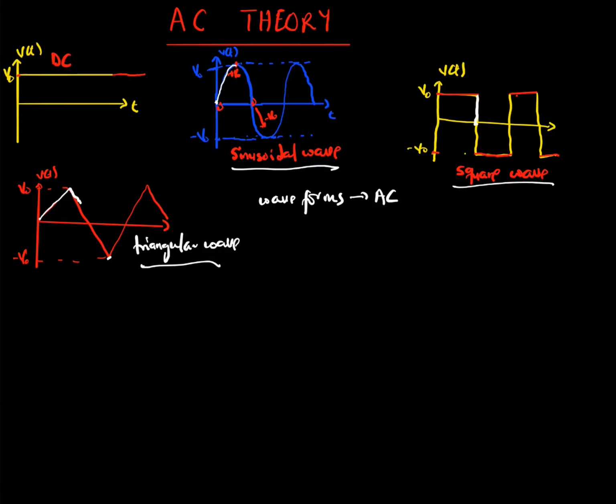But in AC theory, our pattern of particular interest is the sinusoidal waveform. This is the pattern we will focus on. The reason is that this type of signal is encountered in the vast majority of instances, from the power in your outlet at home, what you use in your blenders, the power used in most machines.